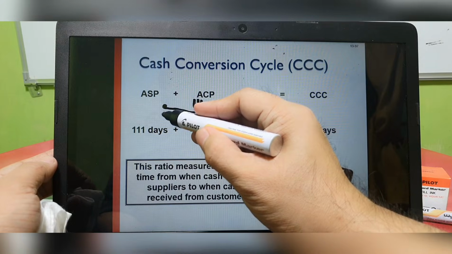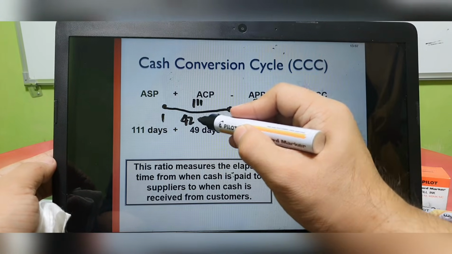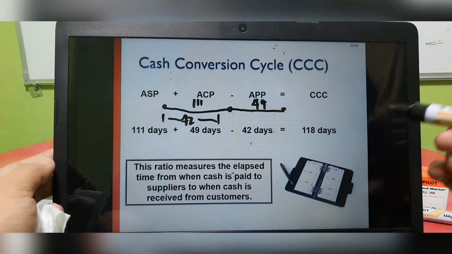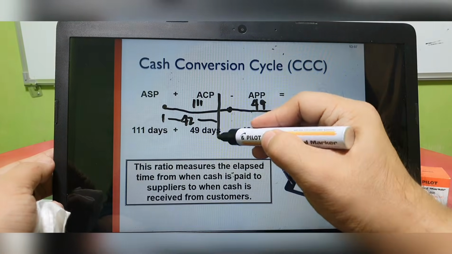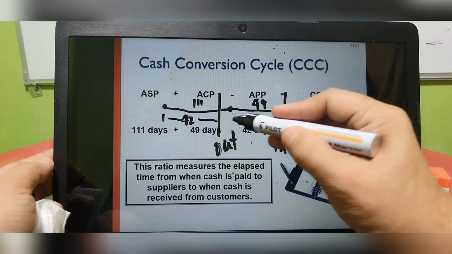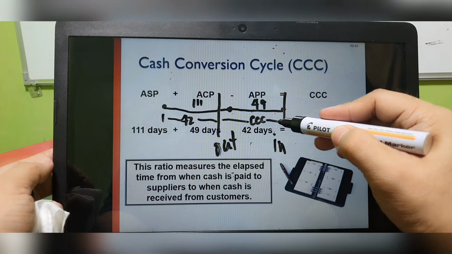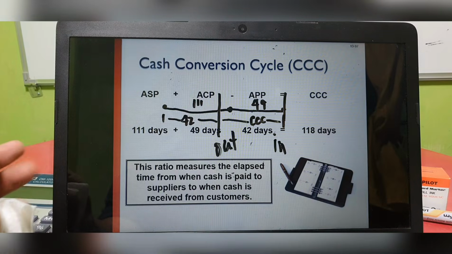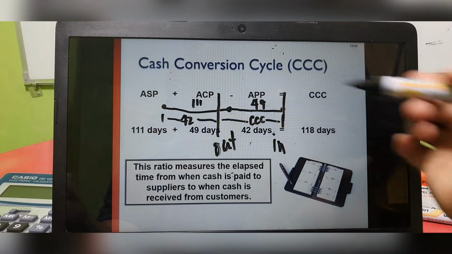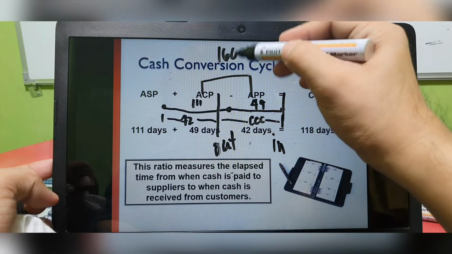Pero, nung binili mo yung inventory mo dito, after 42 days at saka mo palang binayaran. Ibig sabihin, dito yung cash out, tapos dito yung cash in. Yung difference na to is our cash conversion cycle. So, gaano ka ba yun? Ito ay 160.